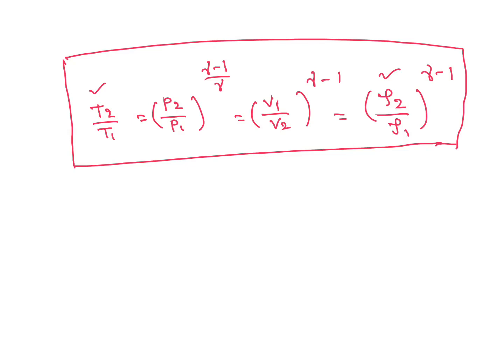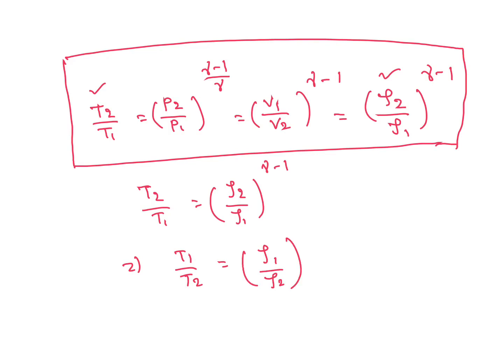So T2 by T1 equal to, or T1 by T2 equal to, here they gave n polytropic, so rho 1 by rho 2 whole to the power n minus 1, gamma replaced with n, the polytropic index.